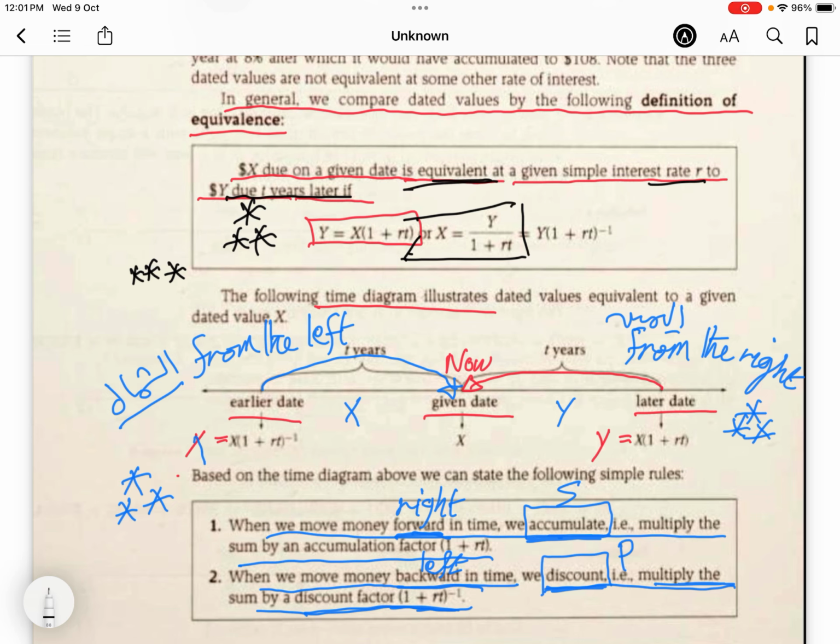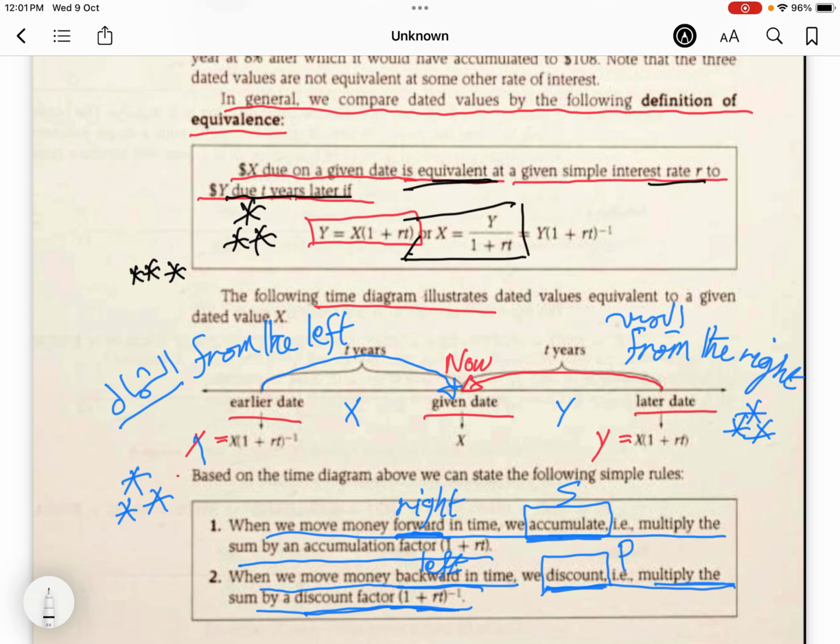Here you will find that if we move from the left to the right, then we will divide. And if we move from the right to the left, then we will multiply. This is why we have multiplication.